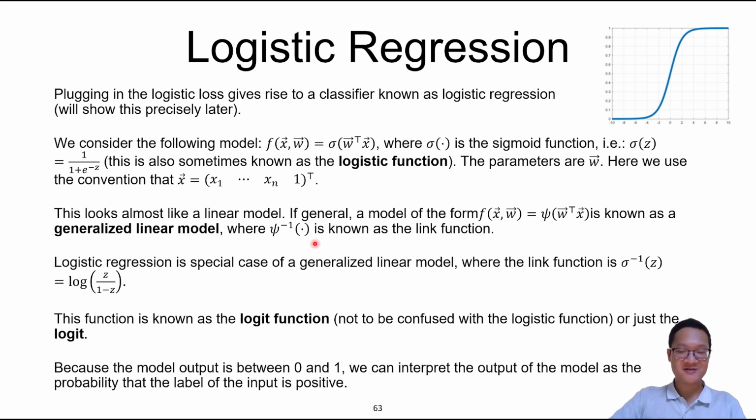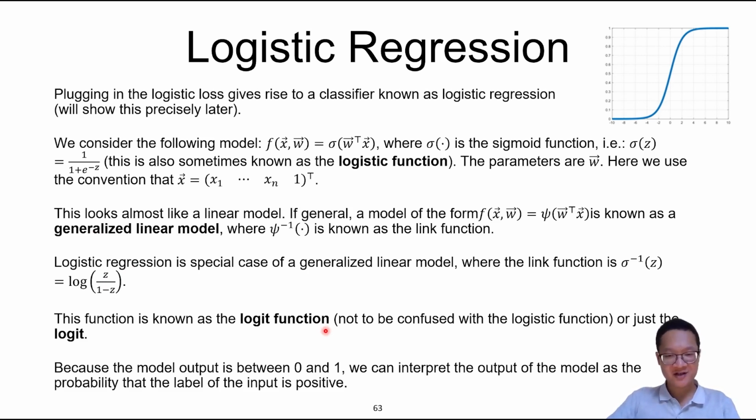And just a bit of trivia, the inverse of the nonlinear function is known as the link function. So in logistic regression, we basically have a special case of the generalized linear model where the link function is the inverse of the sigmoid function, which happens to be log of z over 1 minus z. Okay, and this function has a name as well. It's called the logit function, or just the logit.